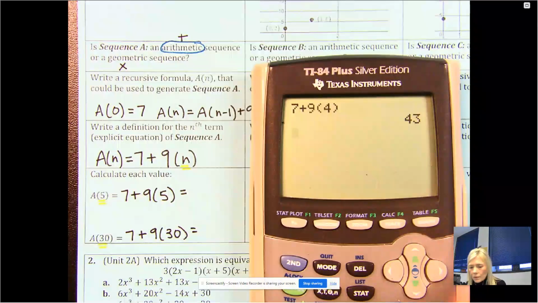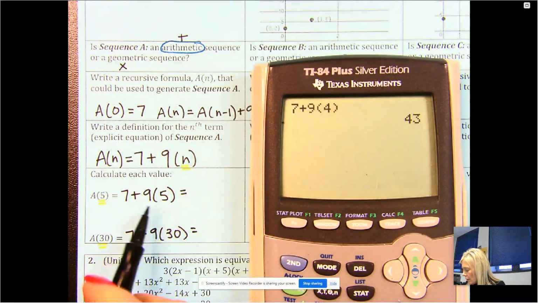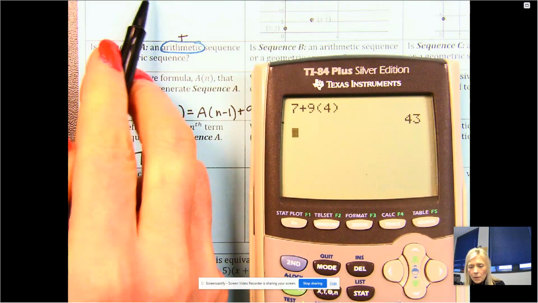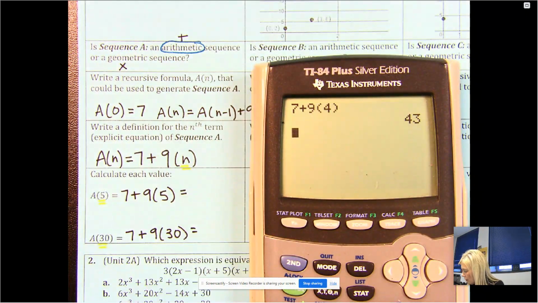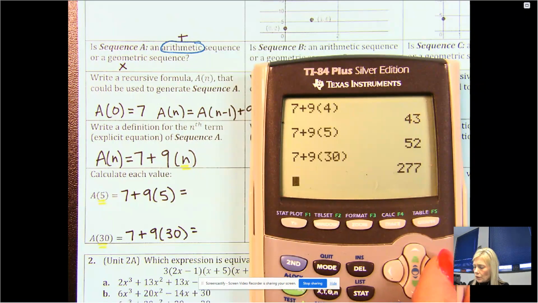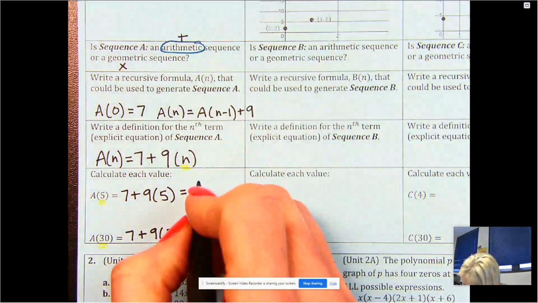I could just add 9 because the 5th term is the one right after the one we know, or just type it in. 7 plus 9 times 5 is 52, and 7 plus 9 times 30 is 277. So 52 and 277.